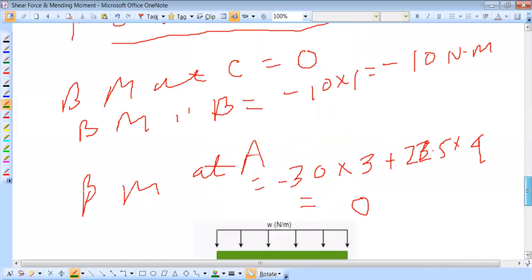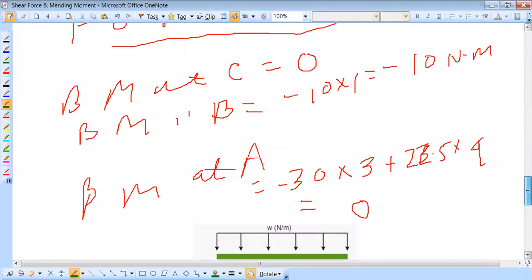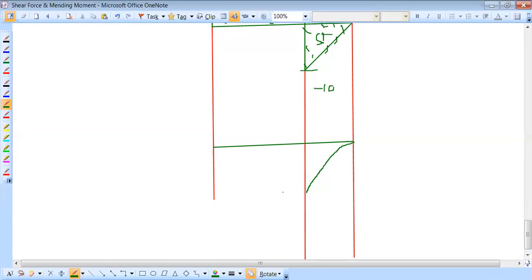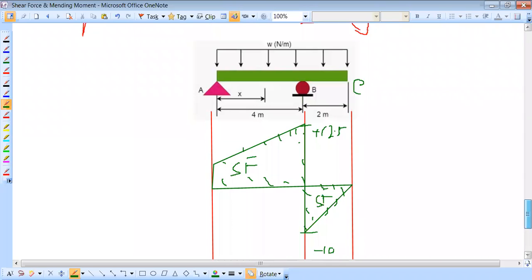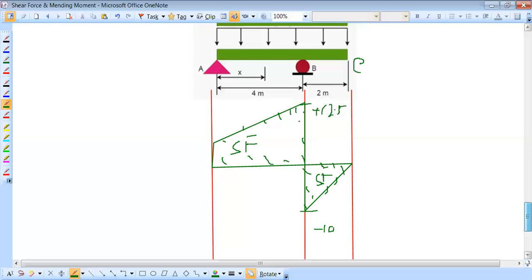This way is the curved portion. So here is the B, then B is UDL curve, and then point B is equal to how much?